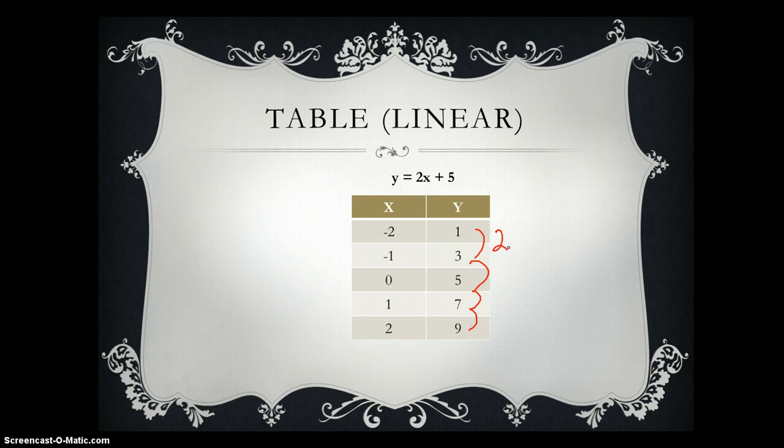The difference between 3 and 5 is 2. 5 and 7, 2. And 7 and 9, 2. We're adding 2 to every step to go down our graph. So hopefully, if you were doing this by hand, you do the first couple, you notice the pattern, and then you just keep adding 2 as you go down the equation.